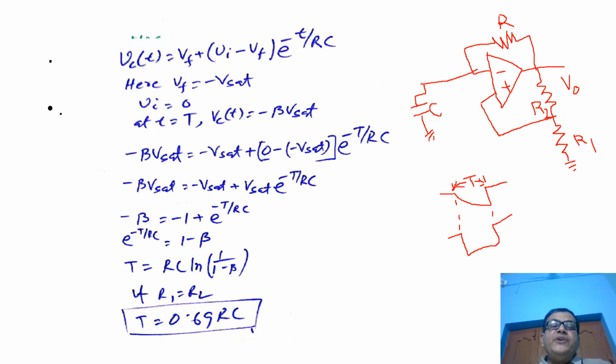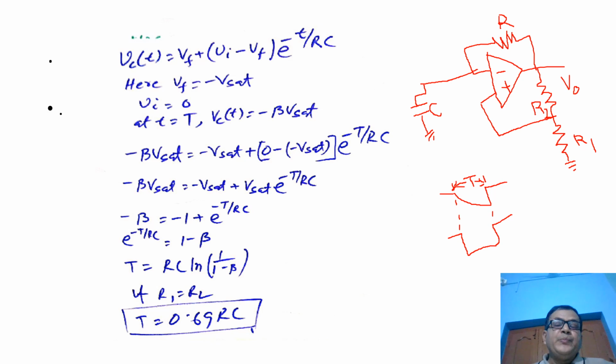At any time t, the voltage of the capacitor, let us call it Vc(t), can be defined using this equation: V final plus V initial minus V final into e to the power minus t by RC. R and C are the resistor and capacitor of the charging or discharging path.